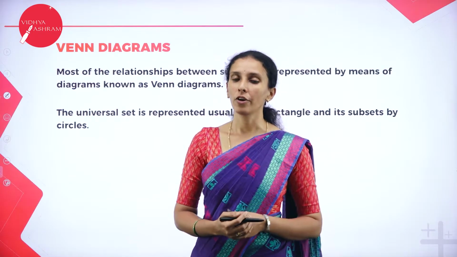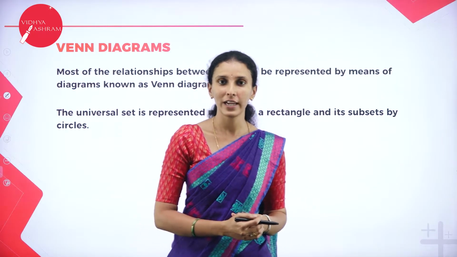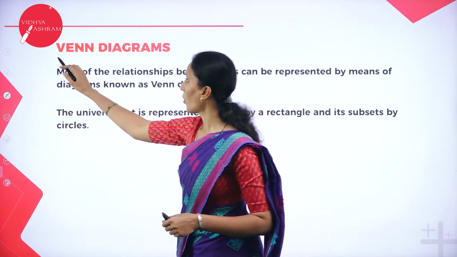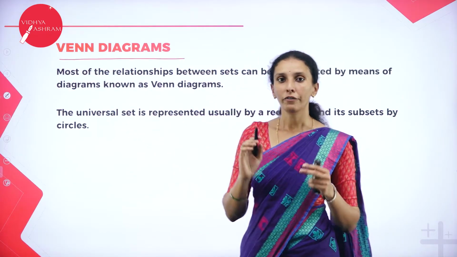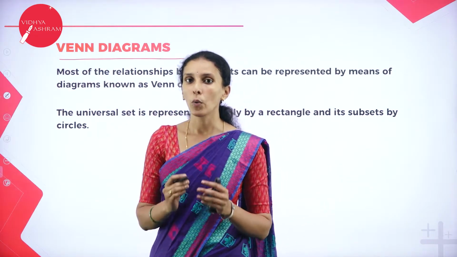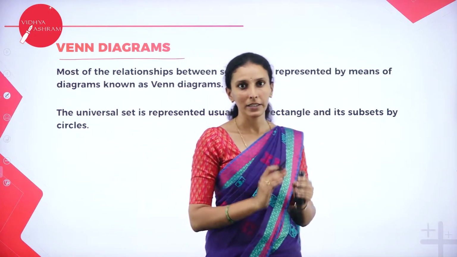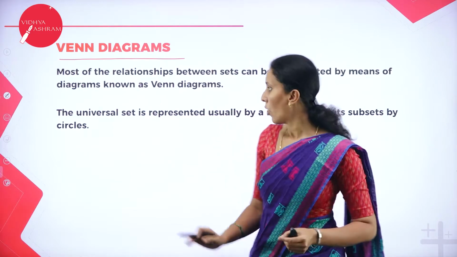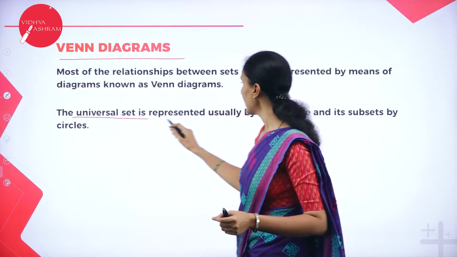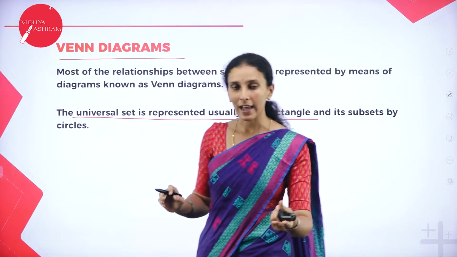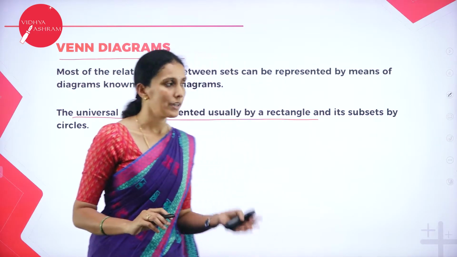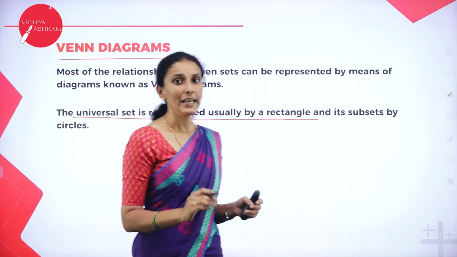Before going to union of sets or intersection of set, let me introduce a diagram called Venn diagram. A Venn diagram is a diagram where the operation can be represented diagrammatically. In a Venn diagram, the universal set is always represented by a rectangle and all other subsets are represented by circles.